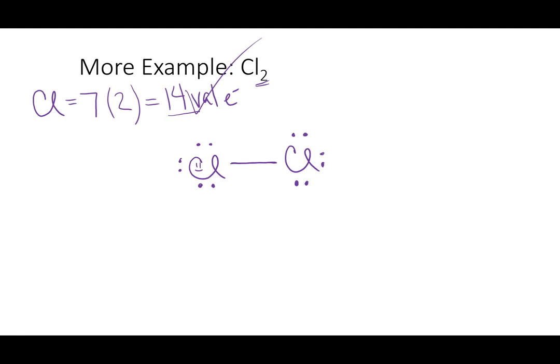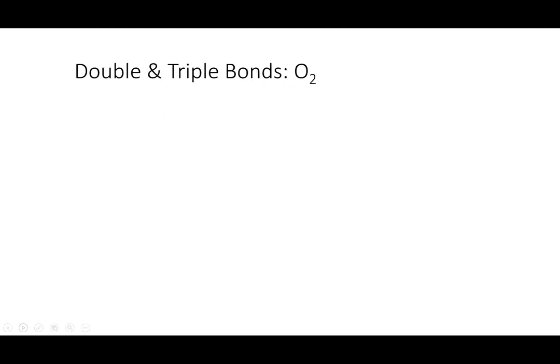And this chlorine on the right has 1, 2, 3, 4, 5, 6, 7, 8, so he also has 8. He is happy. This is the correct Lewis structure for Cl2. Let's do another example. Pause the video and draw the Lewis structure for O2.